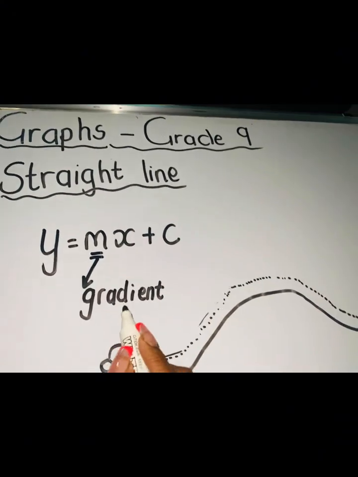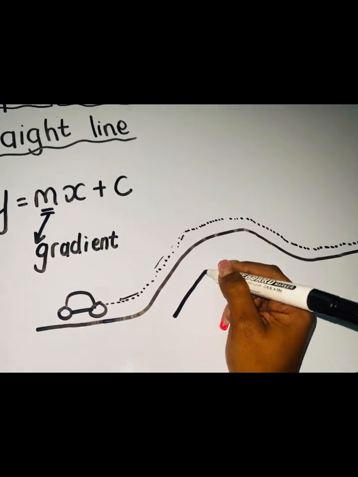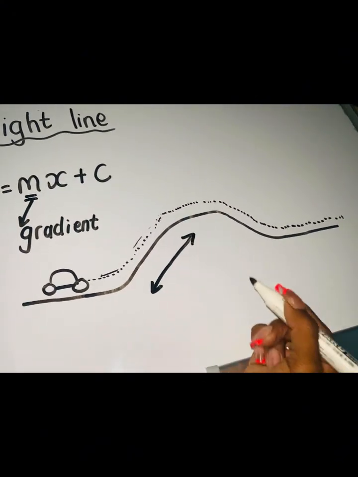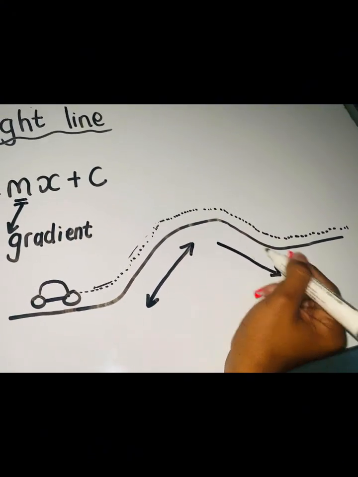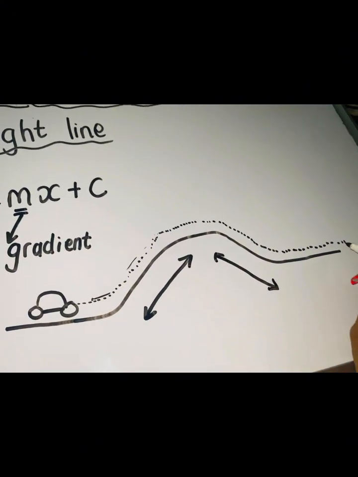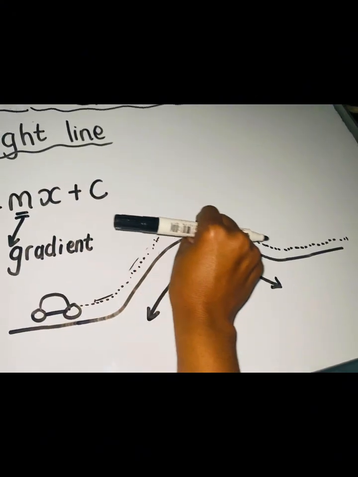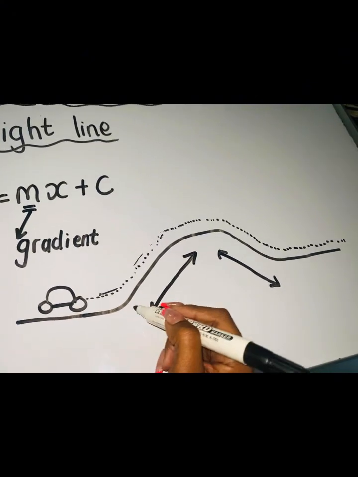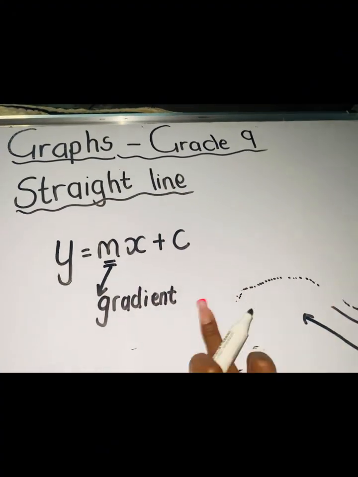Right, so gradient would be the steepness, meaning this is the steepness of a line. Do you see that? And this is also steepness, but now it's in this direction. If you come in this way, it's going to be up there, but if you go in this way, it's going to be down there. So this is what we call the steepness. Yes, so that's the gradient.